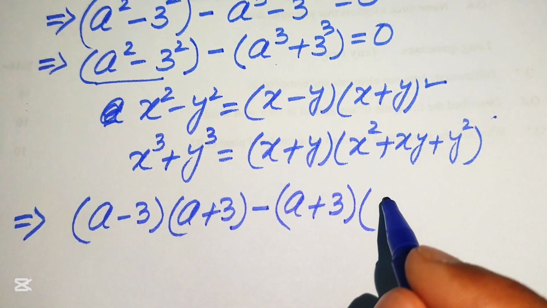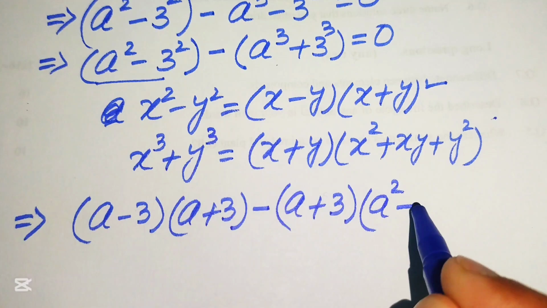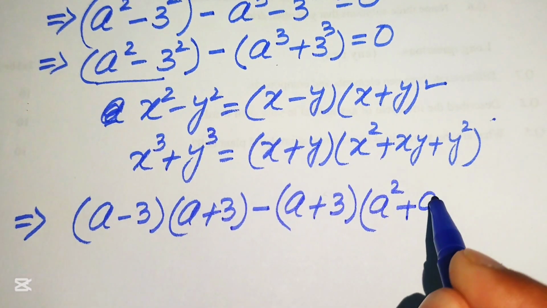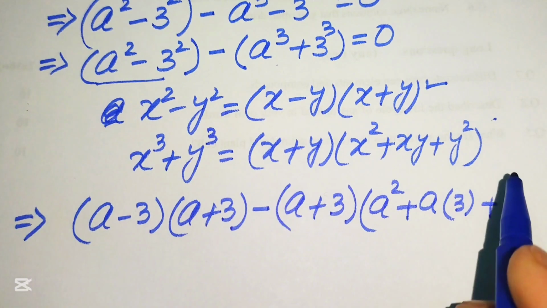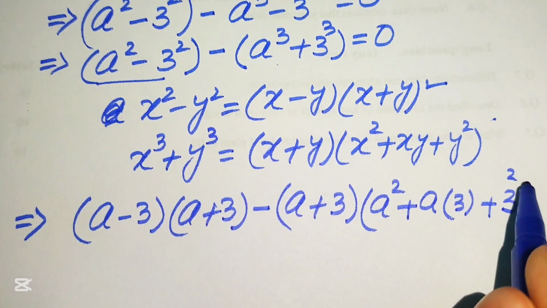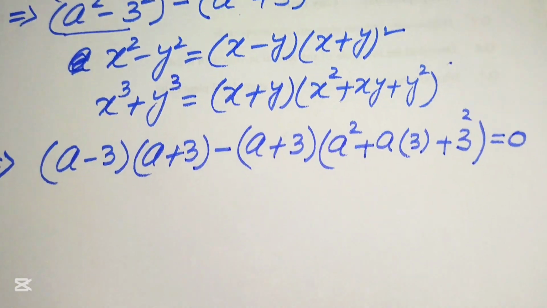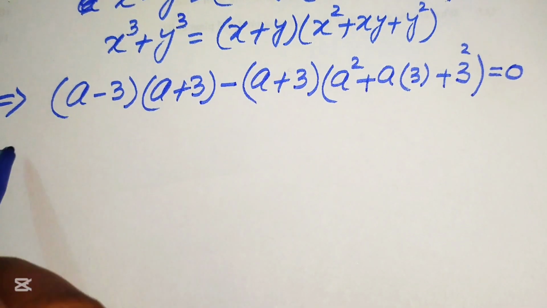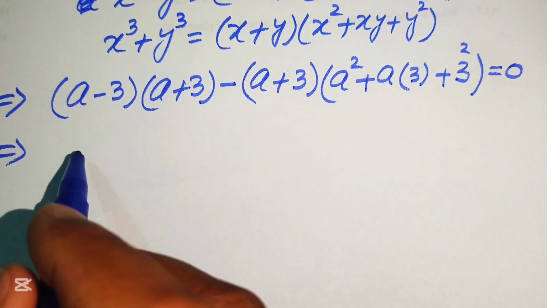Here our x is a, so we write it as a squared plus xy, x is our a and y is 3, and plus y squared, y is 3 squared, and this whole equation equals 0.